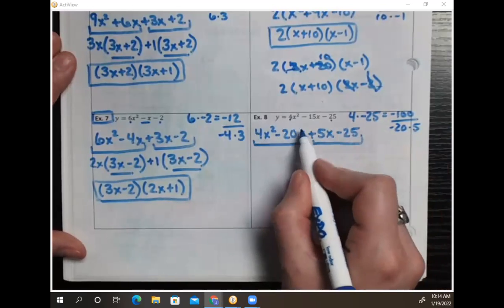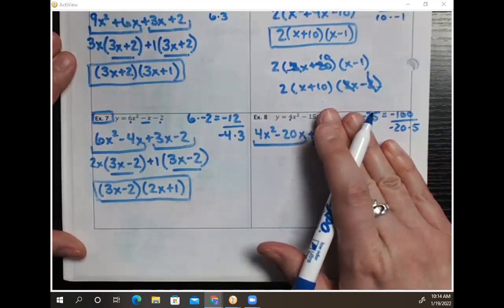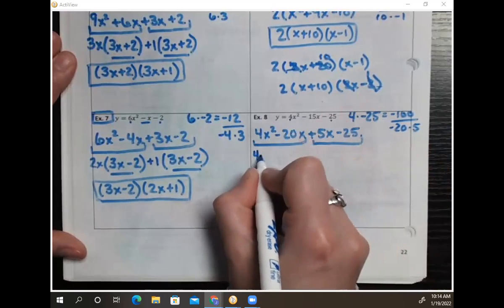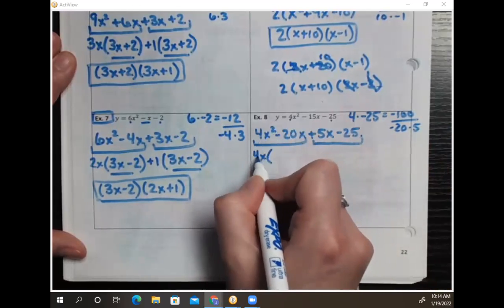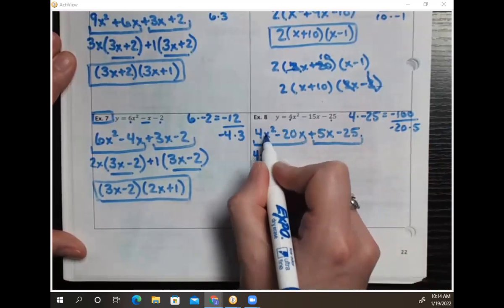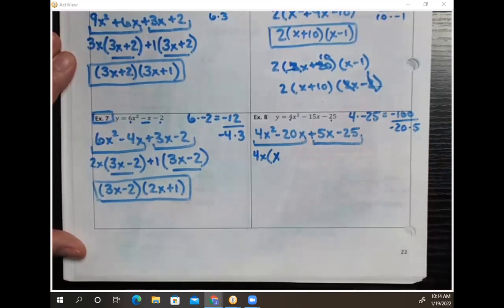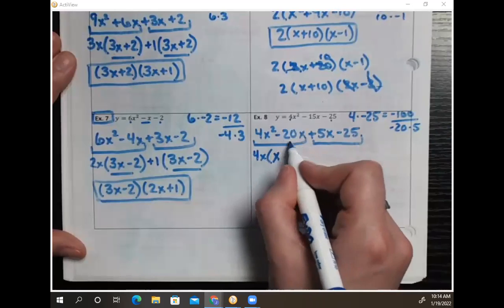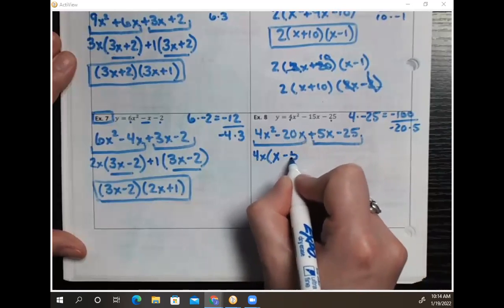My GCF for this first group, what can I divide both of those terms by? 4, and they each have an x, so 4x. When I divide this first guy by 4x, x squared, take out an x, is just x, so 1x or x. And then negative 20x divided by 4x would be negative 5.